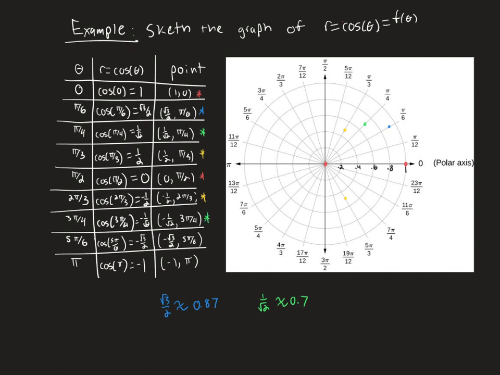And then the 3 pi over 4 and the negative 0.7, those two green ones correspond to each other. And then the negative root 3 over 2, 5 pi over 6, again, corresponds to 11 pi over 6. Since it's negative, we're going backwards, so the blue one above and this blue one correspond to each other. And then the pi, negative 1 is actually exactly the same as this one. This is 1, 0, and also negative 1, pi.